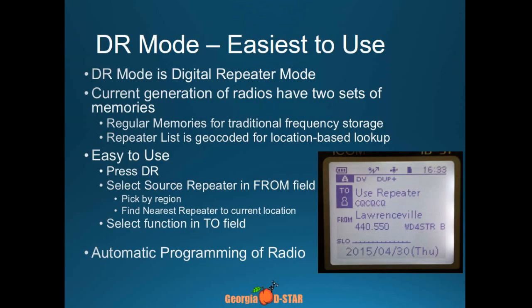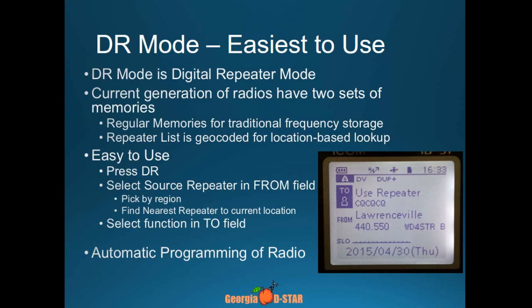DR mode is, here I'm showing a 51 display. And if you press DR, which is right at the bottom part, press and hold, you'll get the to and from. Now, if you press what I call the blue button in the middle, you're going to get several options.